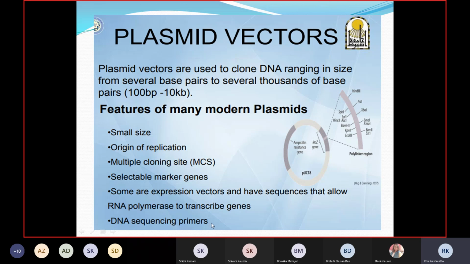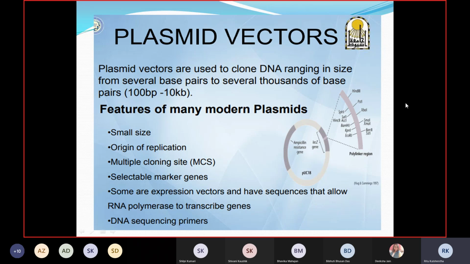Generally those primers are T7 primer or M13 primers, and so many different types of primers are called universal primers, because the sites where they bind are present in generally all the plasmids that are available commercially.